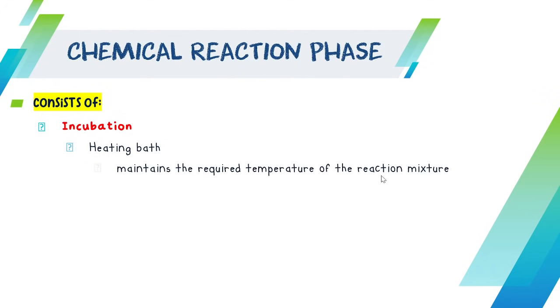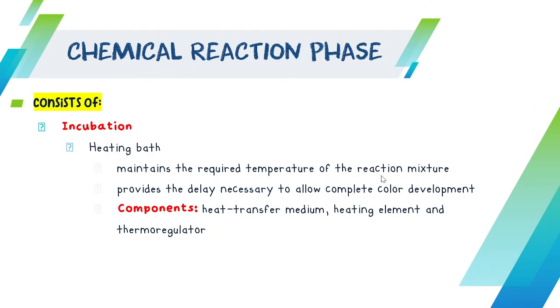So there is already a heating bath incorporated in your machine, which will maintain the required temperature of your reaction mixture. And another purpose of your heating bath is to provide the delay necessary to allow complete color development of your sample with your reagent. The components of your heating bath are the following: your heat transfer medium, your heating element, and your thermoregulator.